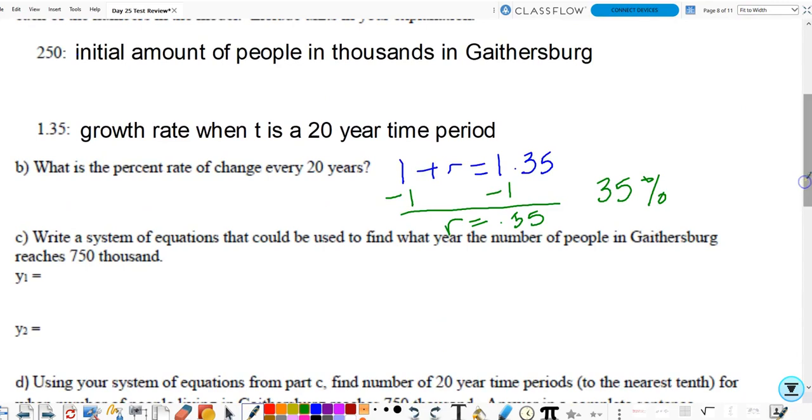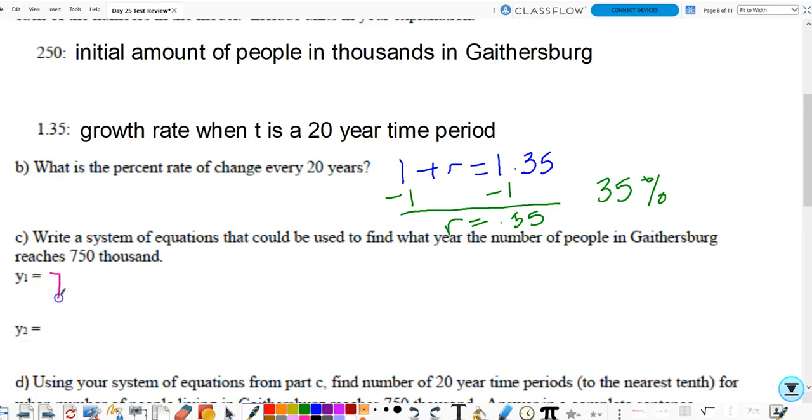Write a system of equations that can be used to find the year in which the number of people reaches 750,000. This is similar to the graphing questions, like the first 2 questions in the review.